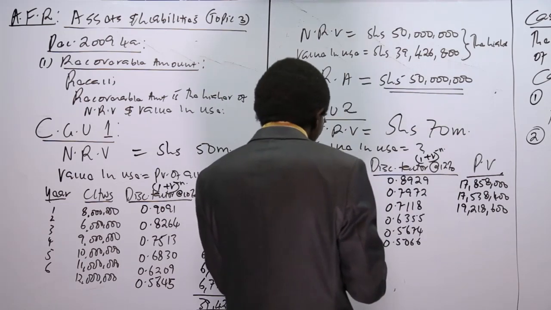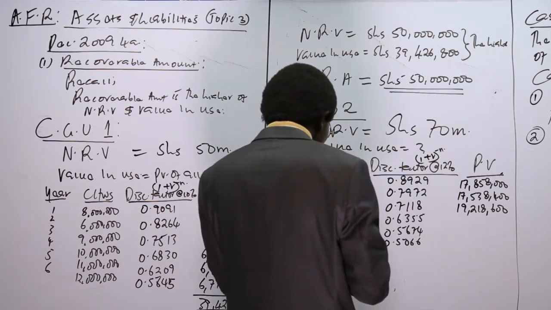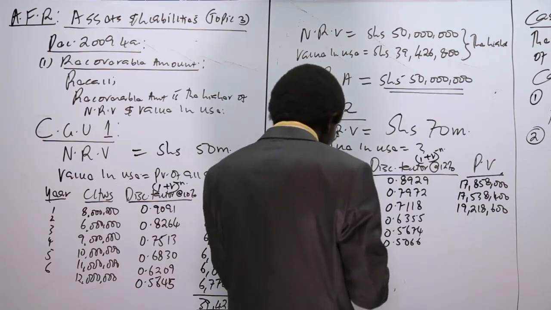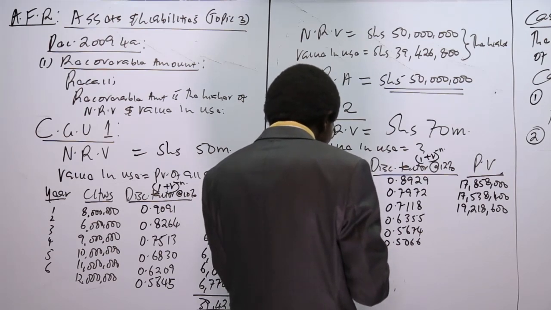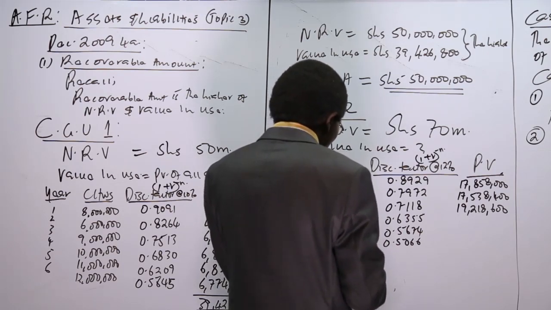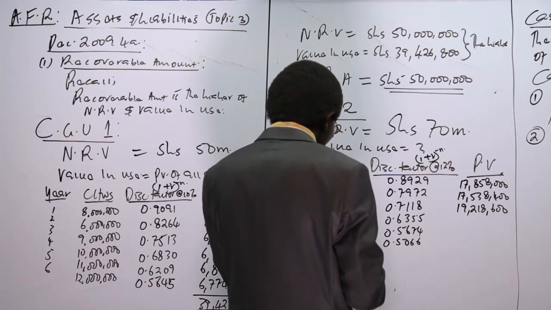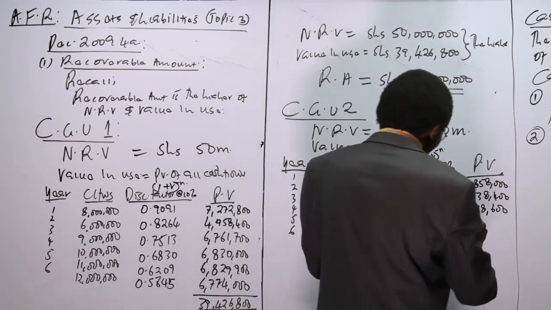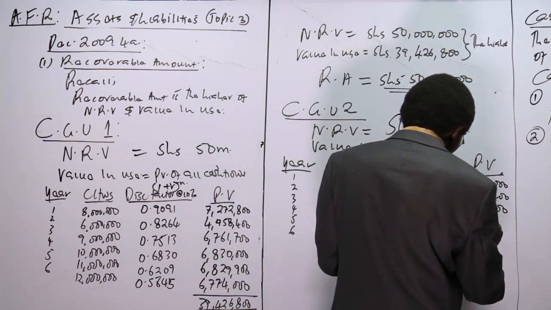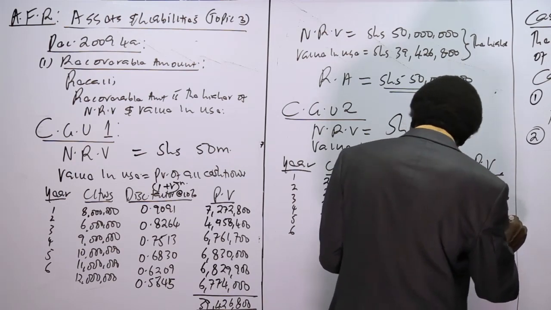Then 24 million by 0.6355 is 15,252,000.